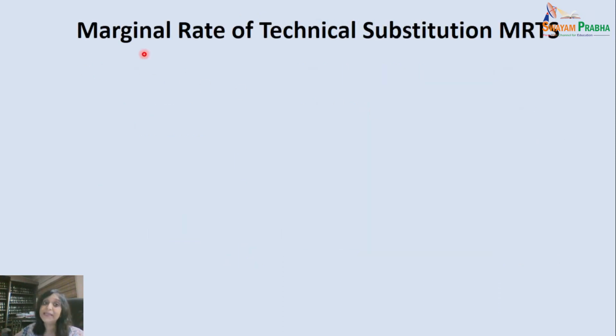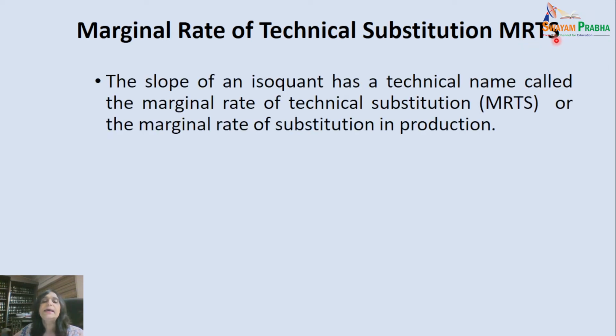Moving on to the second thing, which is your marginal rate of technical substitution, also called MRTS. What is this? MRTS, or marginal rate of technical substitution, is the slope of the isoquant, meaning that if you have to remain on the same level of output, then as you move from one combination of labor and capital to another combination of labor and capital, if I want to increase the amount of labor, I have to decrease the amount of capital.